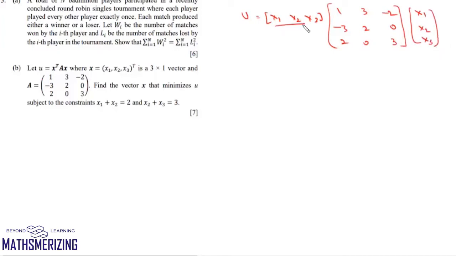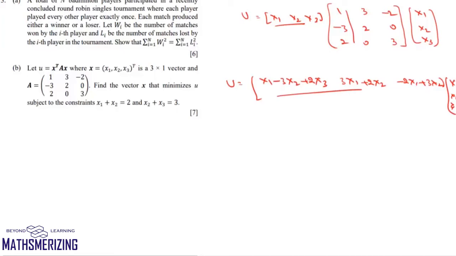Now we need to multiply it. So we'll multiply it, and we'll get U as the column X1 minus 3X2 plus 2X3, next one will be 3X1 plus 2X2, and the last one will be minus 2X1 plus 3X2, into X1, X2 and X3. Now we'll multiply both of them.